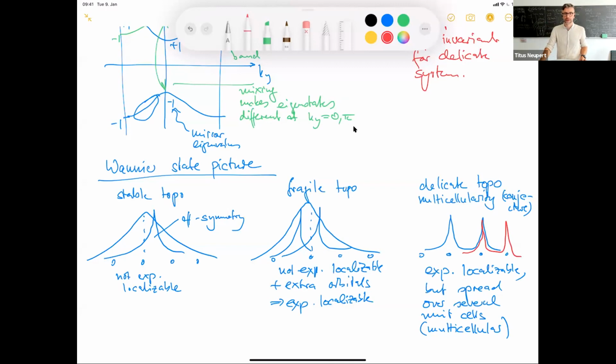In the delicate topology picture, is there any restriction on the spread of the wave function, in the sense of, do they need to be in contiguous unit cells or not really? No, I don't think there is a strict sense in which they need to be in the neighboring unit cells.